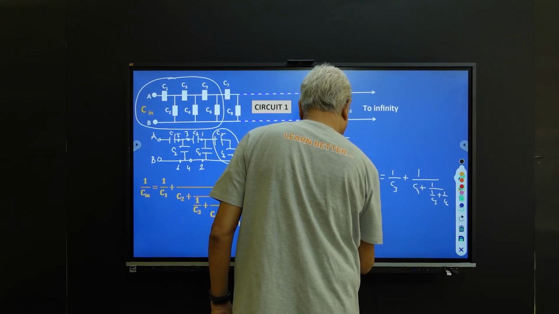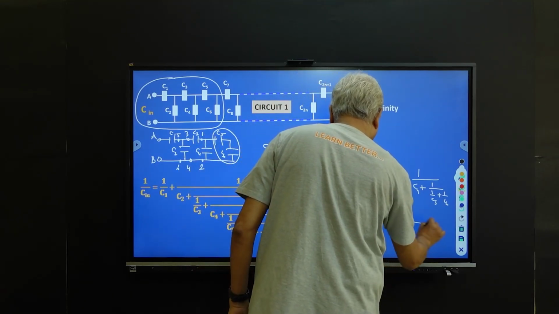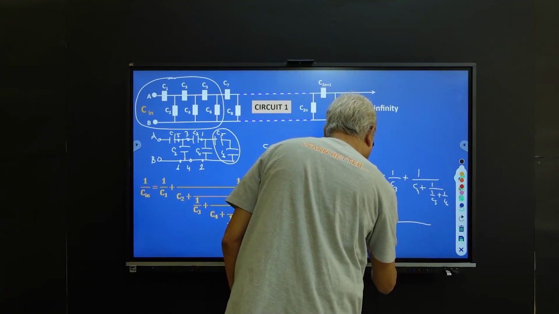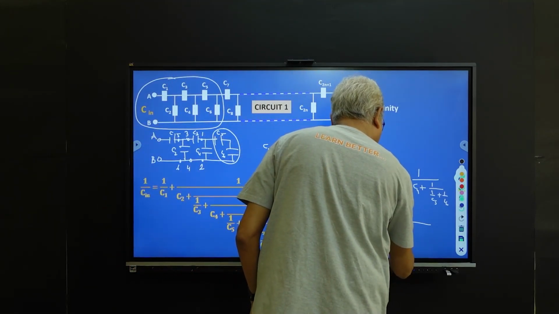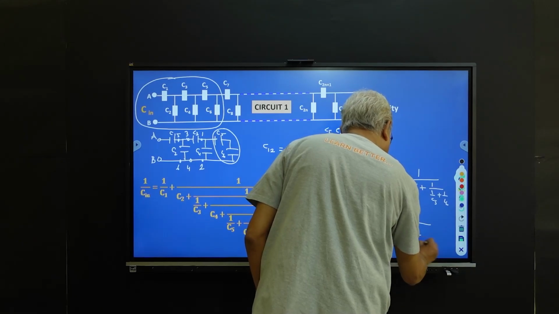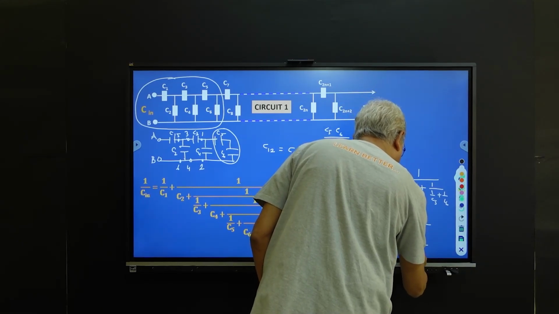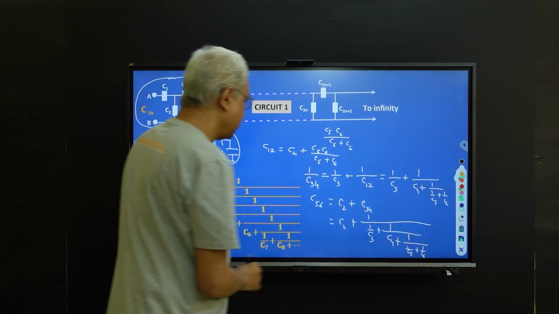So it is C2 plus 1 by C3 plus 1 by C4 plus 1 by C5 plus 1 by C6.